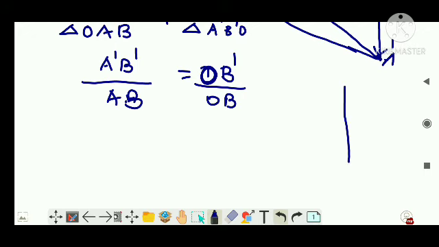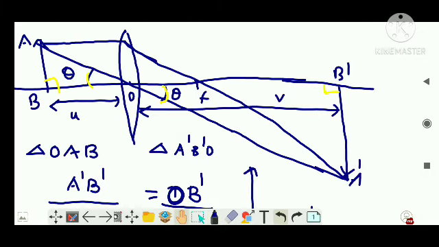Now A dash B dash is in the negative direction, right? So I will write A dash B dash as image height, but as a negative value. And AB is the height of the object, which is in the positive direction. Now OB dash, this is the incident ray direction, so this direction is positive.